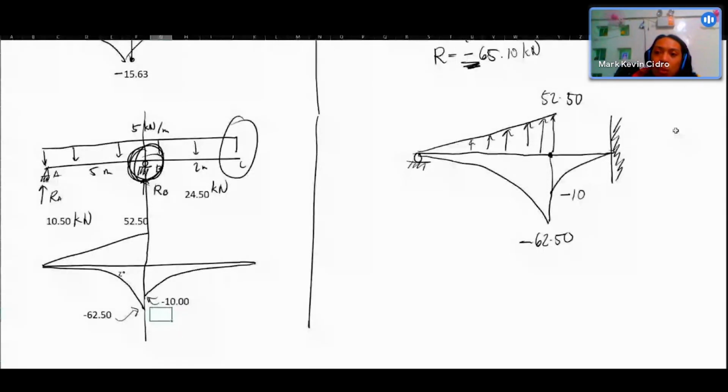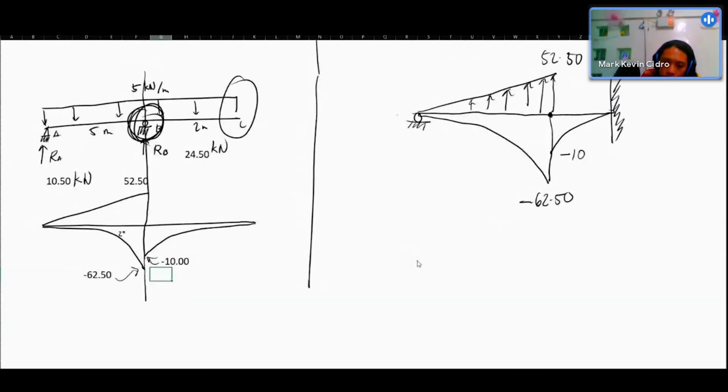So since we want the deflection at the free end, it is the moment at that point, right? Since it is moment, it is fixed here. Let's separate this: the pin here only supports X and Y forces. But since there are no other forces along X, it only supports Y. Take note, upward.